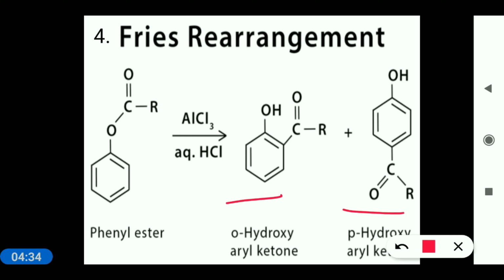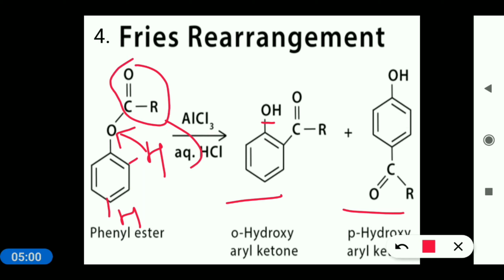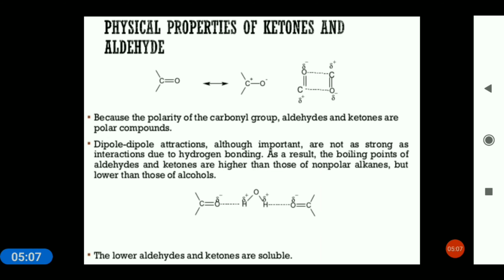So you can see here is the hydrogen, everywhere hydrogen. So this rearrangement takes place at the ortho and para position. Low temperature favors the formation of para isomer, whereas high temperature favors the formation of ortho isomer. So this hydrogen will migrate here and form the OH, and this group will come here. So ortho and para substituted product you will get in the Fries rearrangement.